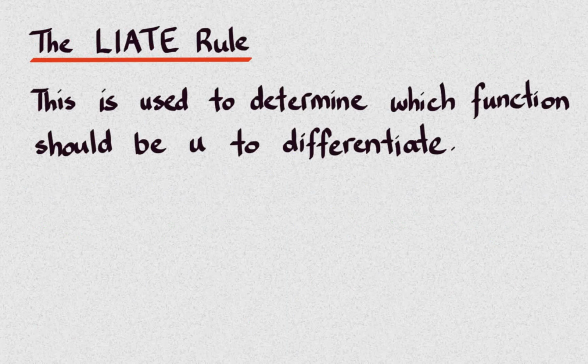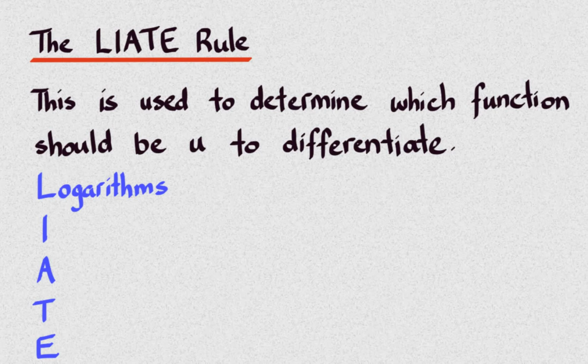The Laurie rule is used to determine which function should be u, which is the function that ends up being differentiated. So Laurie is an acronym, and starting with the L is for logarithmic functions. So we would choose logarithms to be u first if they popped up.